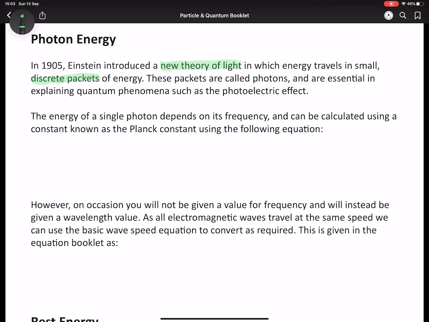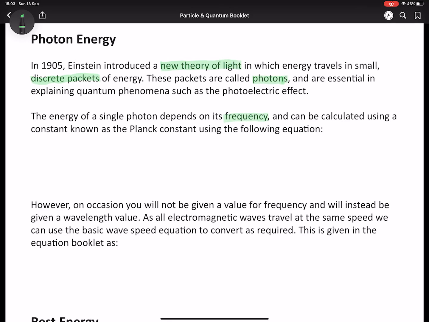Now, this new theory of light stated that instead of a continuous wave, energy was being transmitted in bundles, in small discrete packets of energy, meaning they would have a set specific amount of energy in one transmission.